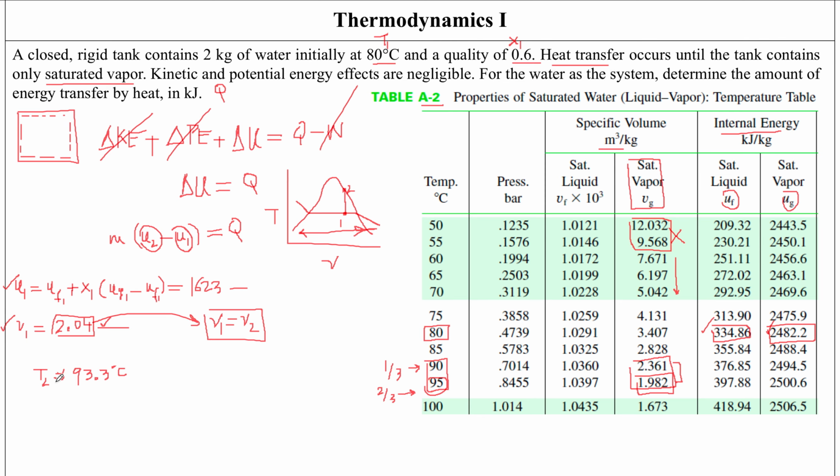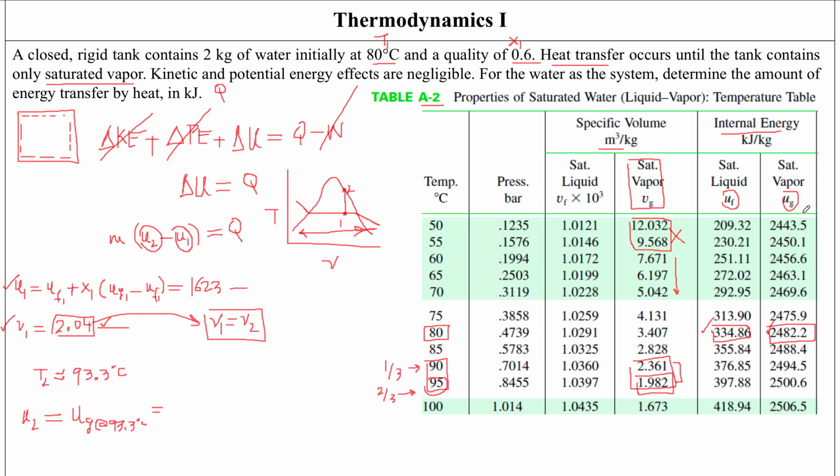Once you got the temperature at 2, what you can do now is, again, you need to find out U2. And how are you going to find U2? U2 is going to be equal to UG, because it's a saturated vapor. So it's going to be equal to UG at what temperature? At 93.3 Celsius. And again, to find this out now, you would have to interpolate.